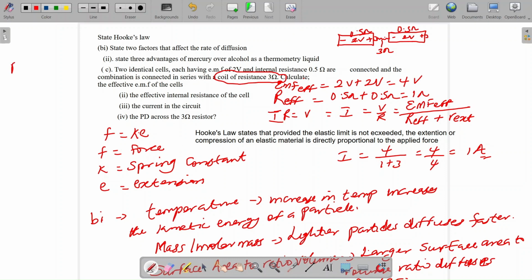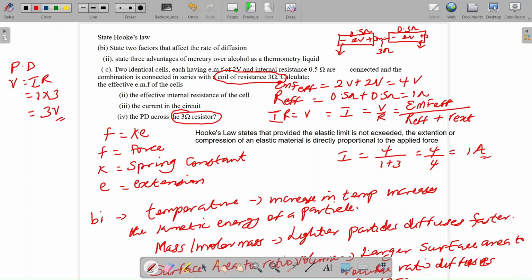So you can just say V equals IR. Your V is 1 times your 3 ohm resistor. Potential difference is still voltage, which is 3 volts. So that's the answer.